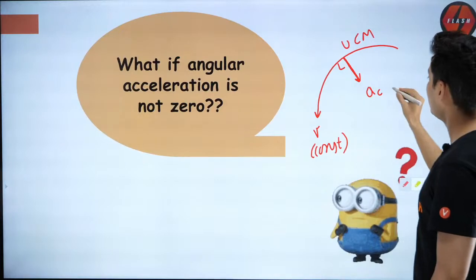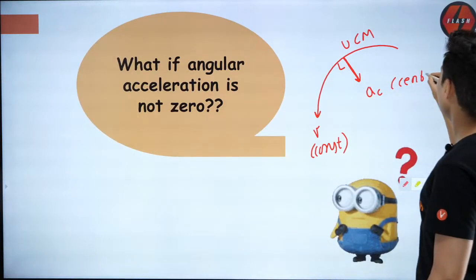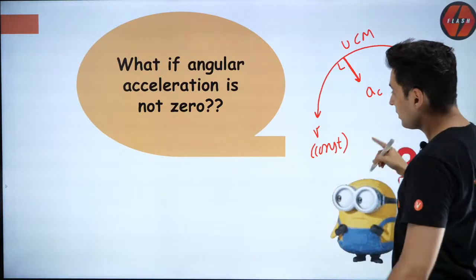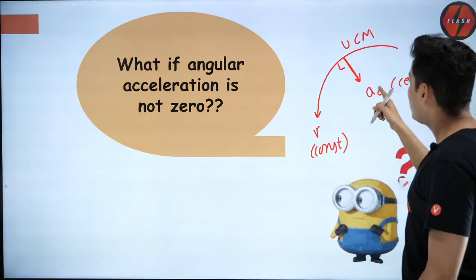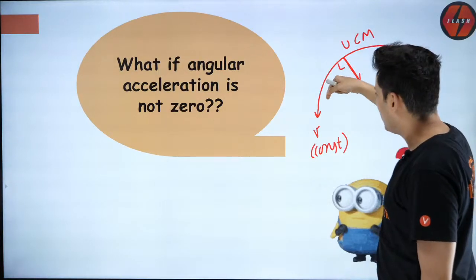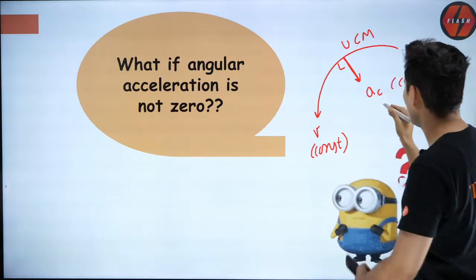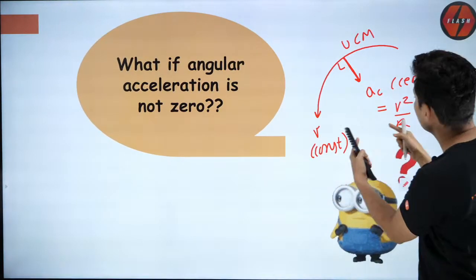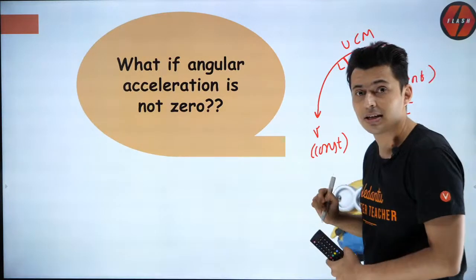But if the speed is not constant, then the centripetal acceleration will change because the speed is changing. I hope you remember a_c was v square by r. So as the speed changes, even the centripetal acceleration will change.